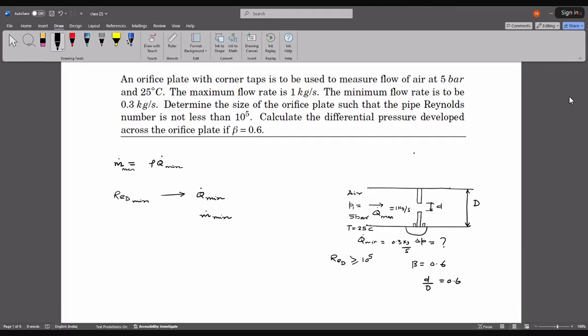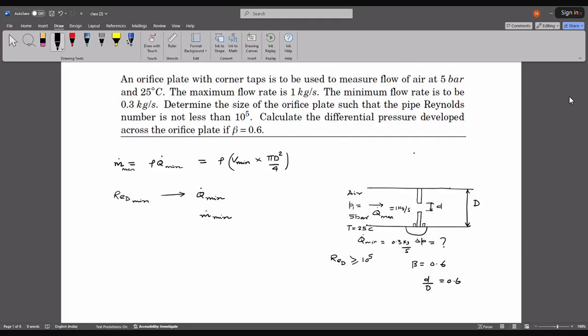So we can write down that your Reynolds number, so let's say your m dot min is basically rho into the volume flow rate, which is the velocity min times area. Area of cross section of the tube is pi D squared by 4.